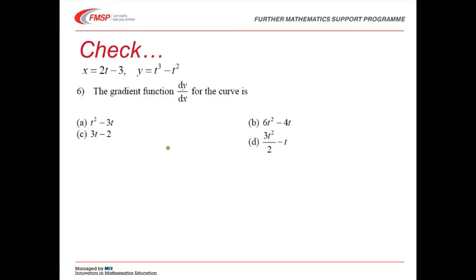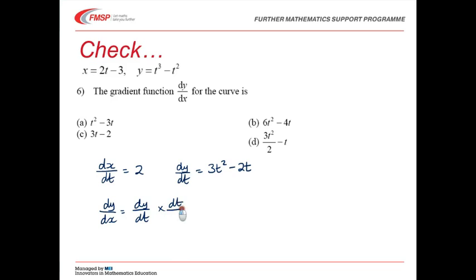Pause the video again while you try this. Okay, differentiate x first, so dx by dt is 2, then differentiate y, dy by dt is 3t squared minus 2t, and then dy by dx is dy by dt times dt by dx.